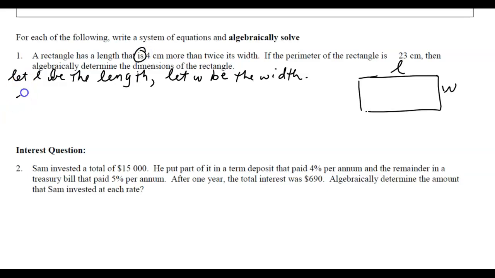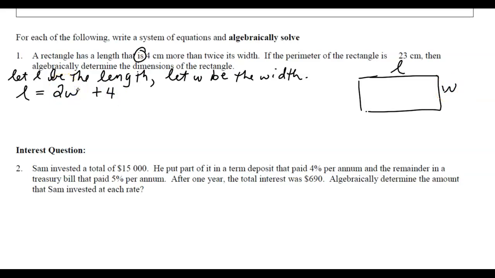So that says L is 4 centimeters more than. What operation is more than? Adding, subtracting, multiplying, or dividing? Adding. Okay, and more than, usually we put it afterwards. So plus 4. And twice the width. Well, twice means 2 times, so 2W.